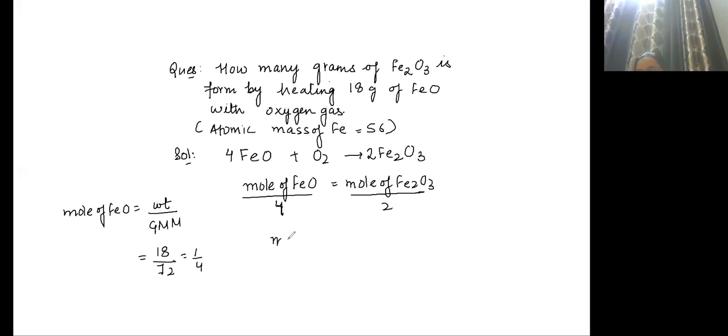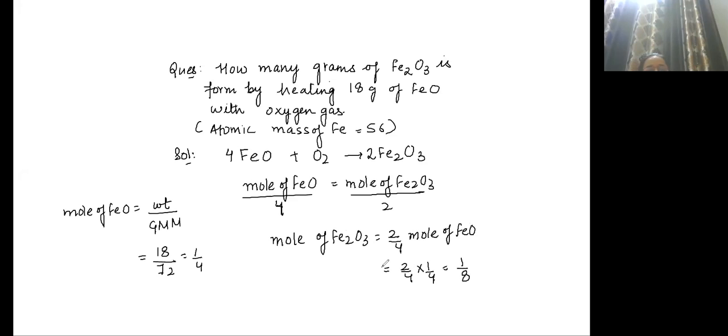So what will be moles of Fe2O3? Two by 4 into moles of FeO. That is 2 by 4 into 1 by 4. So that is 1 by 8.